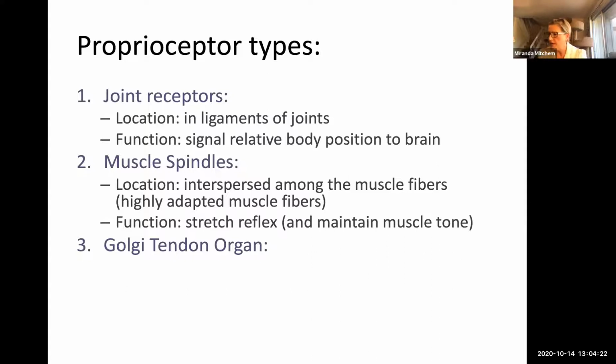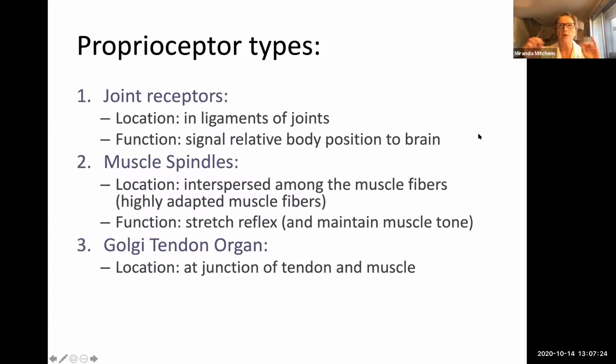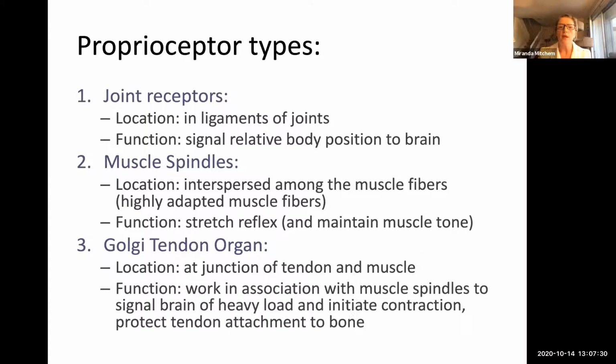Our third example here are the Golgi tendon organs. So the Golgi tendon organ, sorry about that. They are located at the intersection between the tendon and muscle. And they too work to help with our tone, but they really function in a protective role.